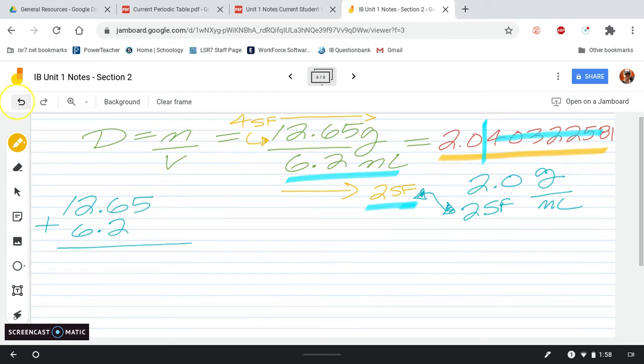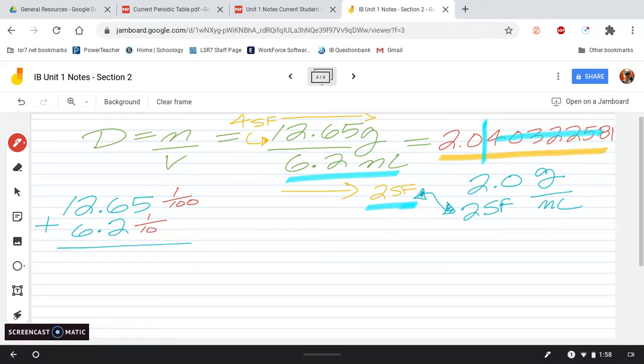What that is telling us is that one number is more accurate than the other. We've got the tenths and the hundredths. So this is actually accurate to 1/100th, where this is only accurate to 1/10th.